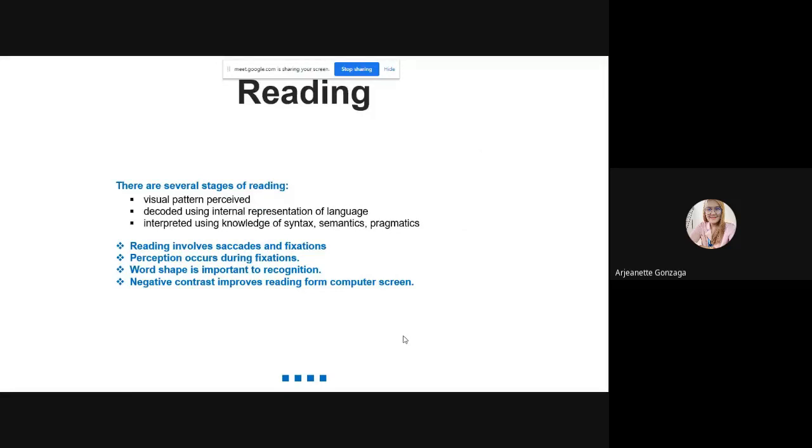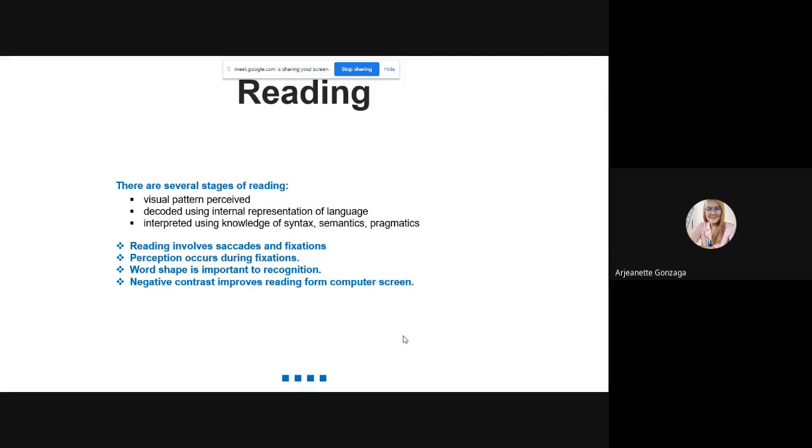So next we have the reading. Sa reading, there are several stages of reading. We have the visual pattern perceived, then decoded using internal presentation of language. Then interpreted using knowledge of syntax and semantics, pragmatics.